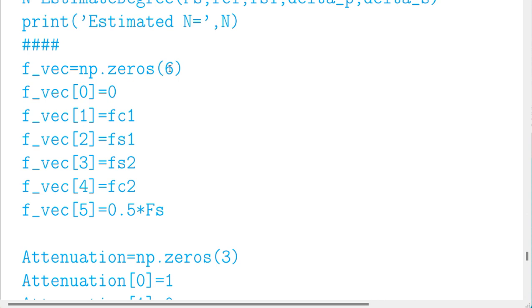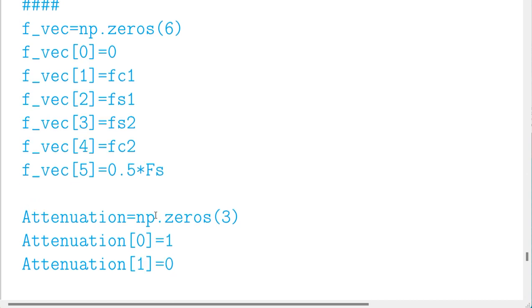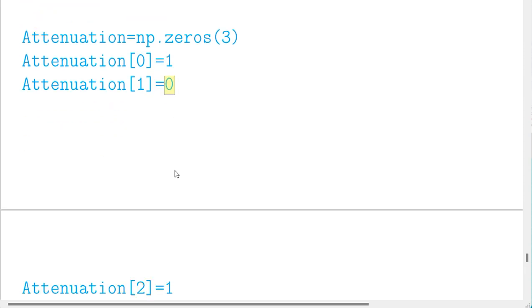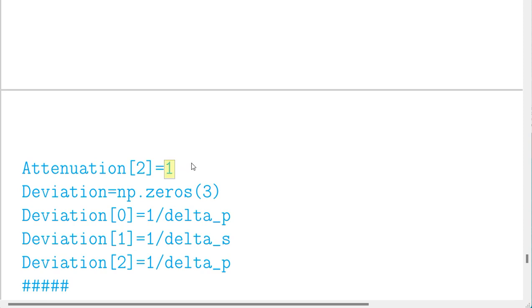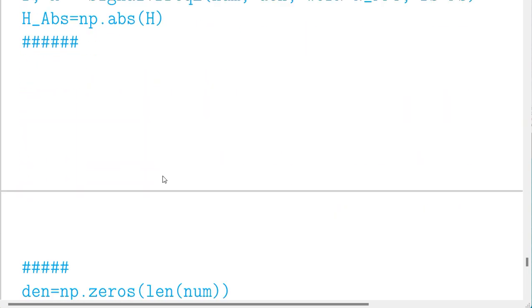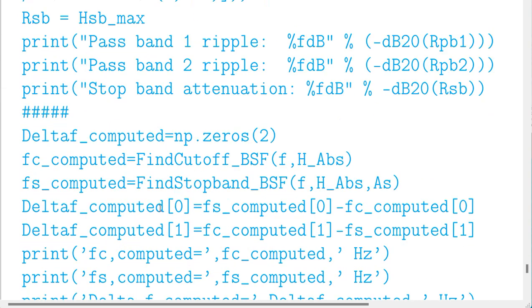The F vector having 6 parameters, this time 0, fc1, fs1, fs2, fc2, and half the sampling frequency as the last one. What about attenuation? Pass, don't pass, and pass. This is band stop. Okay? What about deviation? 1 over delta p, 1 over delta s, 1 over delta p. And the rest is similar. So moving fast.